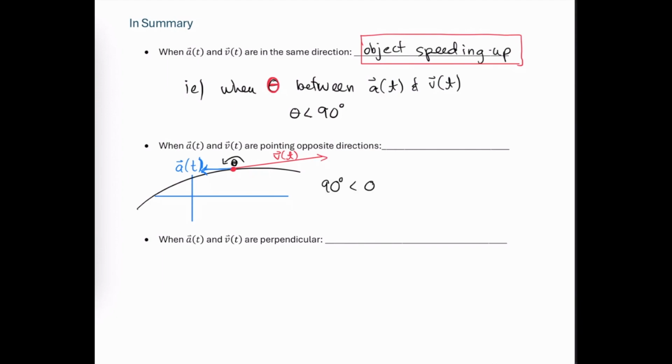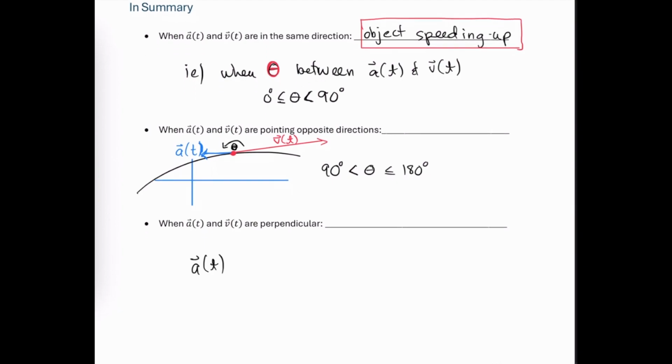So we'll say greater than 90 degrees, less than or equal to 180 degrees. We should still say over in this direction, greater than or equal to 0 degrees, strictly less than 90.